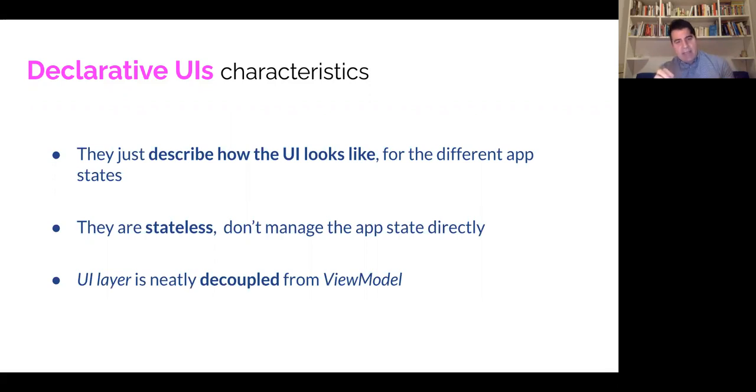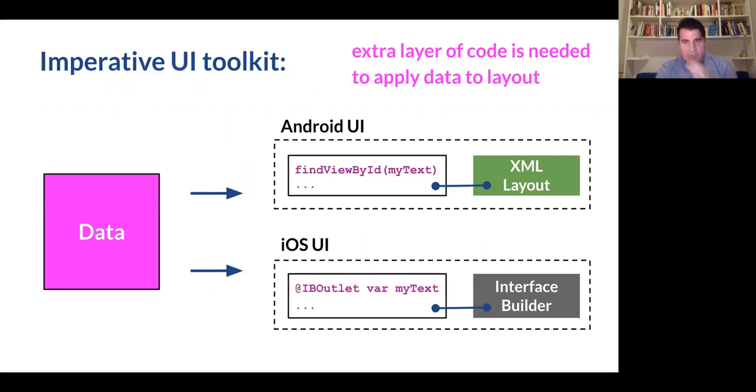And the UI layer is neatly decoupled from the view model, as we showed earlier. Here we can talk about the middle coupling layer that we were discussing before. This is an imperative UI toolkit, namely the current Android view-based system, and in iOS, Interface Builder.